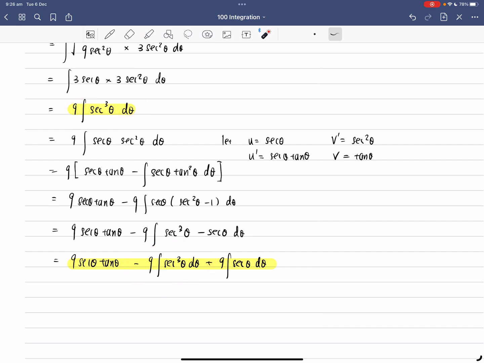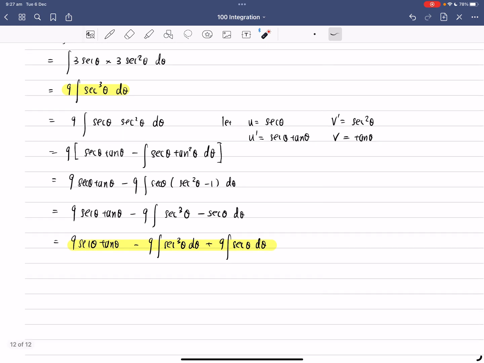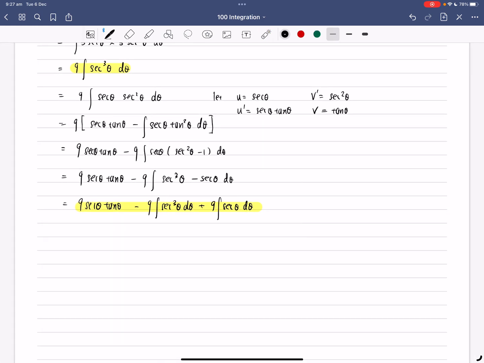Which means I can move this term to the left-hand side, and then move the term here over to the left, and we should be able to find the answer to the integral of secant cubed theta. Let me rewrite this. We start with 9 integral of secant cubed theta d theta, and that is equal to 9 secant theta tangent theta minus 9 integral of secant cubed theta d theta plus 9 integral of secant theta d theta.